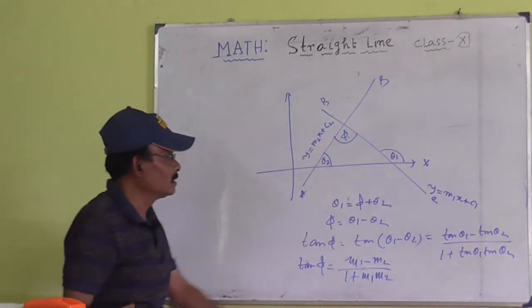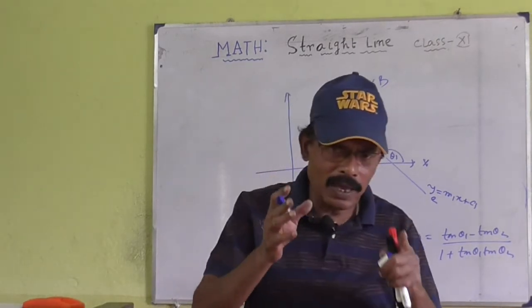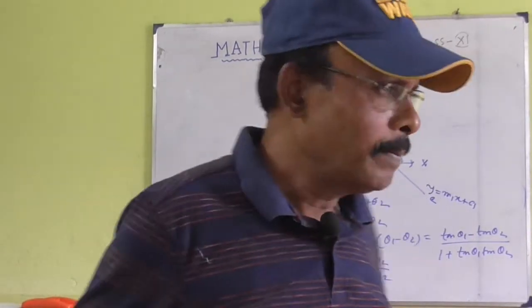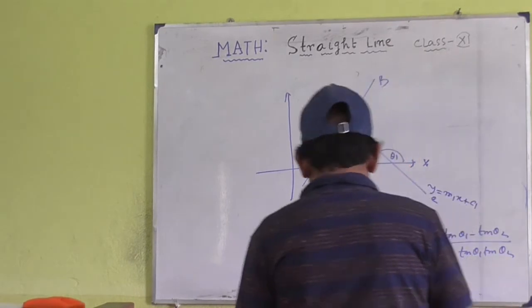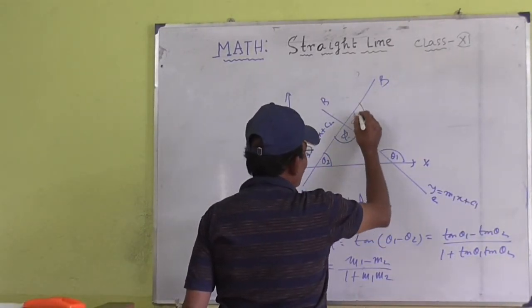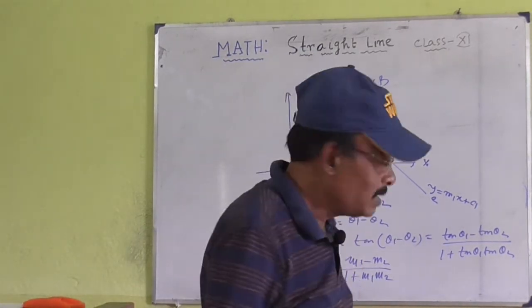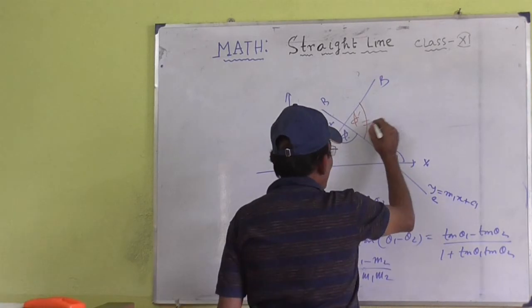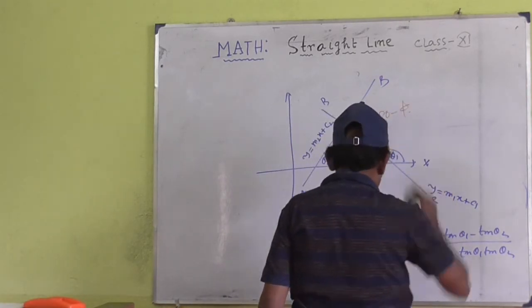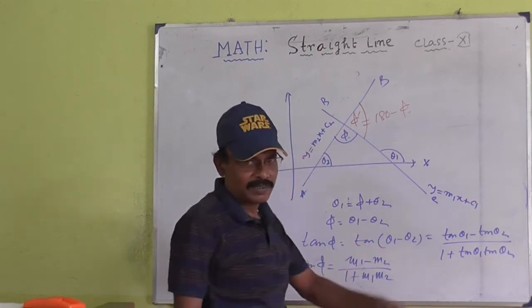But there is a question here: phi denotes the angle between the two straight lines, but here this angle, let us take phi dash, may also be the angle between the two straight lines. Here phi dash is 180 degree minus phi. So the formula is not correct.